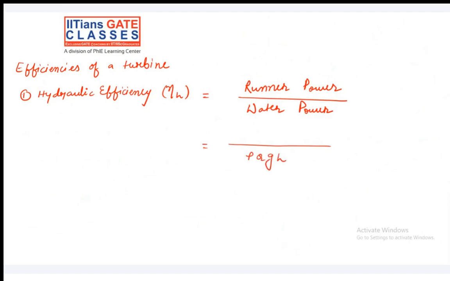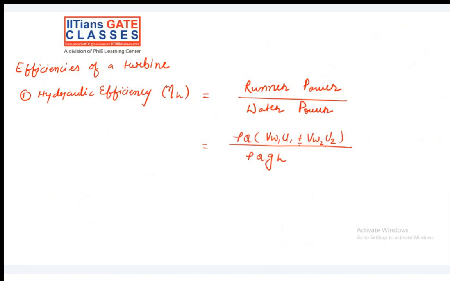Okay, we know this part. And what is the runner power? We have developed an expression for this one in the previous class. It was rho q into vw1 u1 plus minus vw2 u2, depending upon the sign of this one, means whether vw1 is in the direction of vw2 or opposite to it.